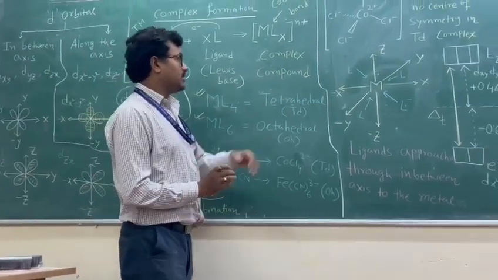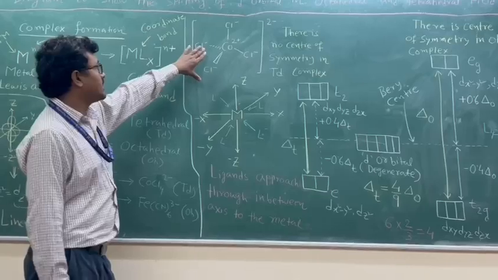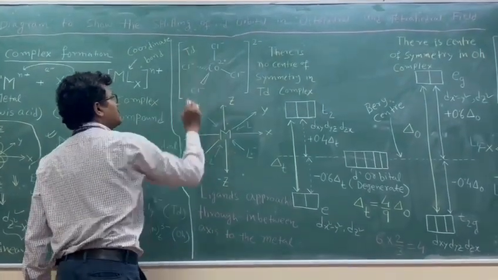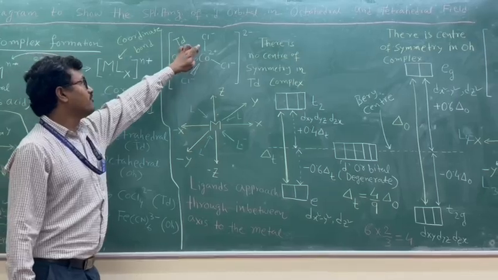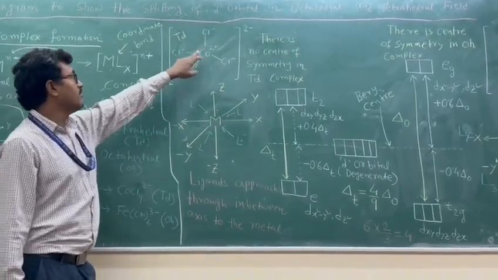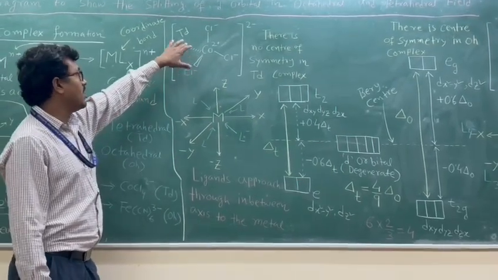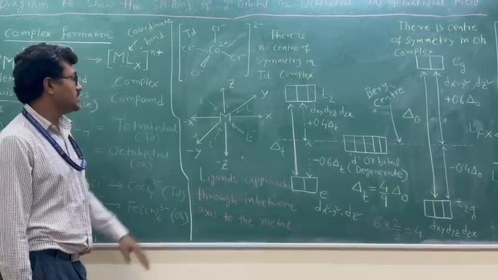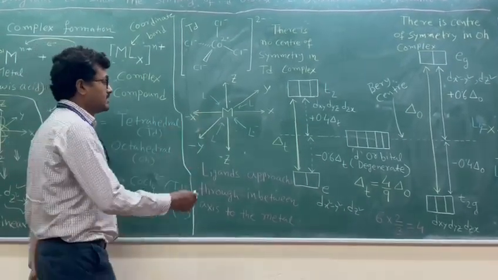Now come to this part. This is our tetrahedral complex, Td, where cobalt is present at the center. There are 4 ligands, Cl-, oriented around this cobalt. Now if we check, the orientation will be in between the axes.